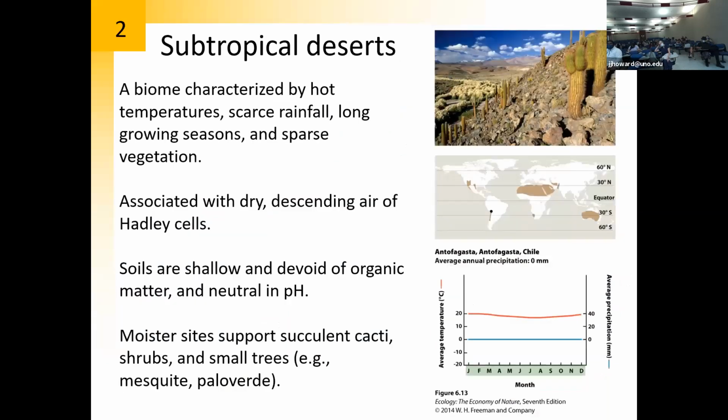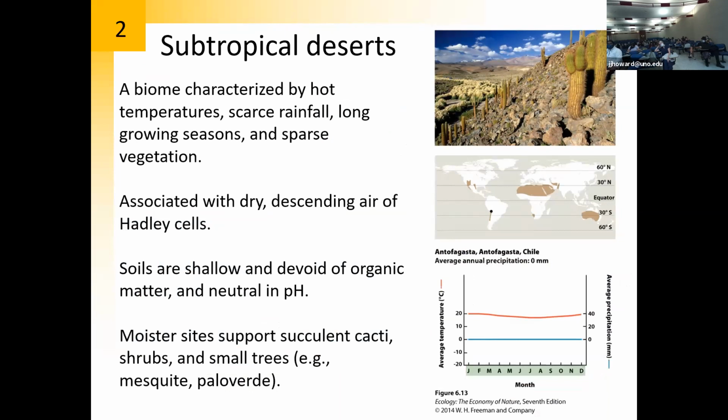Okay, then let's move on to the deserts. Here are your subtropical deserts. And you see that most of this is in North Africa and Australia. This is the belt around 30 degrees north and south of the equator, where the falling air masses dry out the soil. Okay.